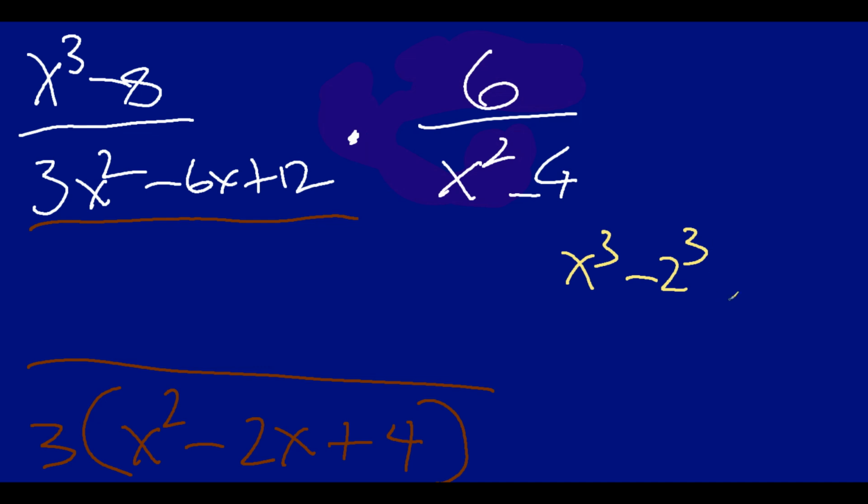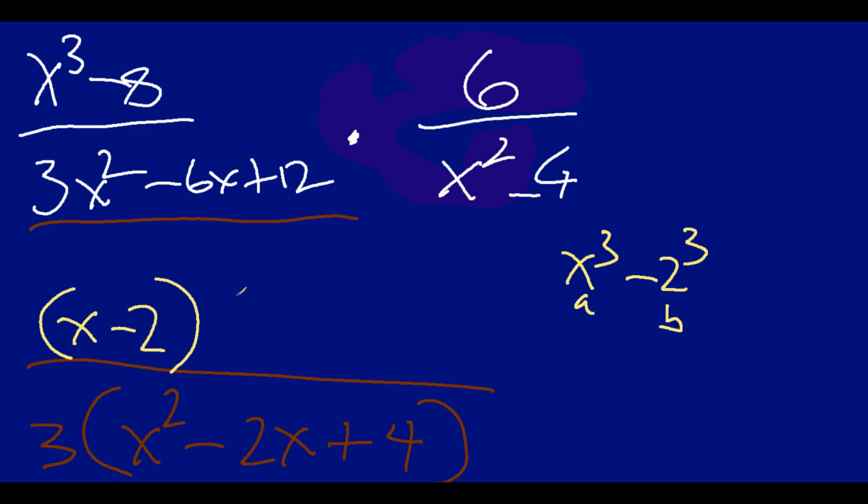When you have this pattern, you can use the sum or difference of cubes, where this is my a term and this is my b term. You have a minus b, which in our case is x minus 2.